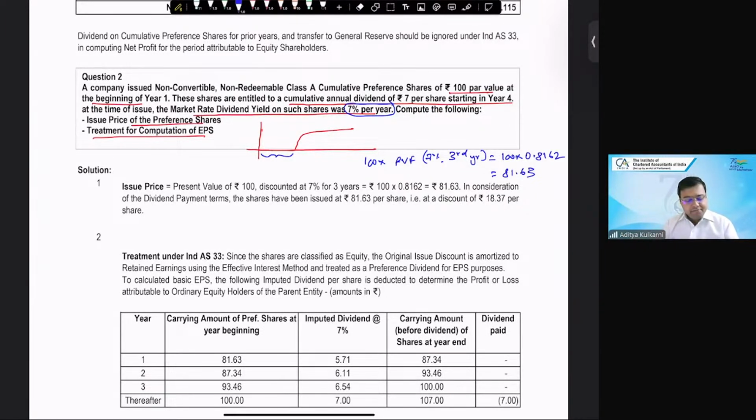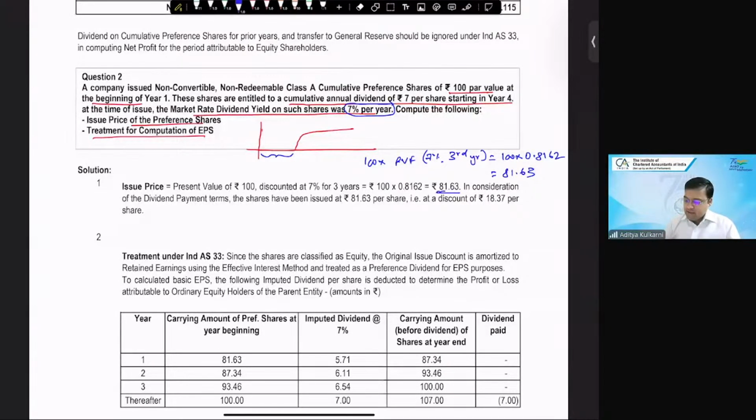That means you are giving a discount of 18 or 17 rupees on the issue of shares. So the issue price will be 81.63.